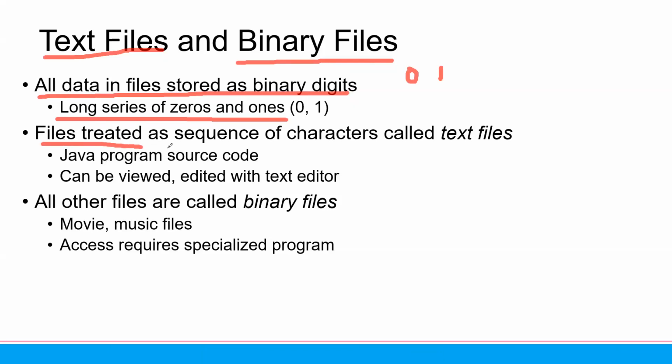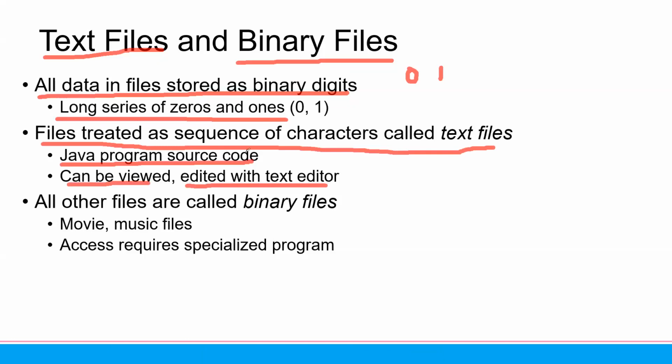Files treated as a sequence of characters, we call text files. For example, Java program source code is a text file because we can see the text, a sequence of characters. It can be viewed and edited with a text editor.